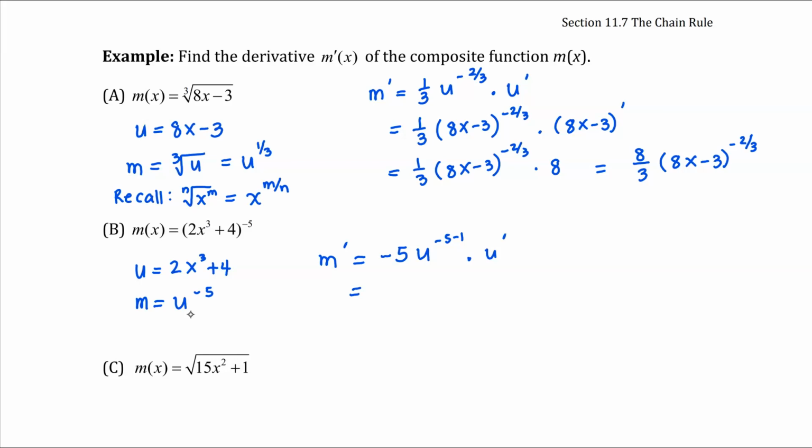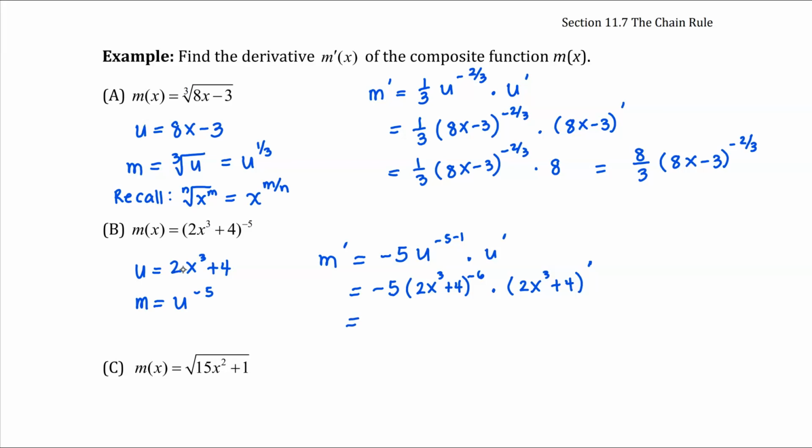And that is equal to negative 5. Then what is your u? U is 2x cubed plus 4. And then negative 5 minus 1 is negative 6, times the derivative of u. So 2x cubed plus 4 prime.